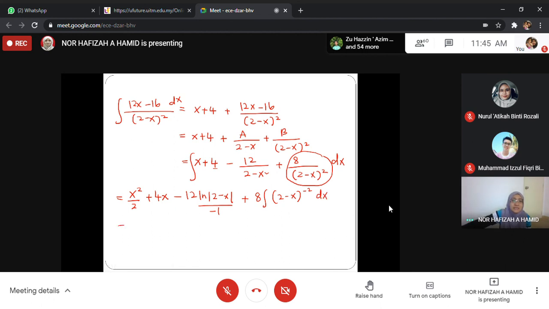Okay, so saya simplify. Plus 4x, so kat sini dapat plus 12 ln 2 minus x and plus with 8. So kat sini saya integrate, saya pakai formula je, 2 minus x, so negative 2 plus 1, dapat negative 1, so over with negative 1, lepas tu you kena differentiate balik 2 minus x, dapat negative 1, plus with c.